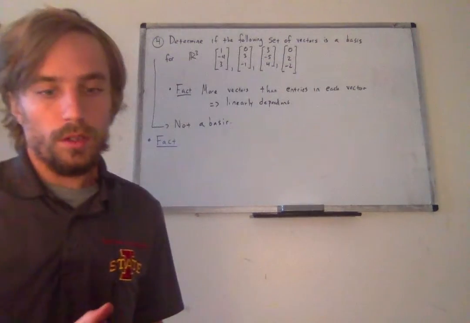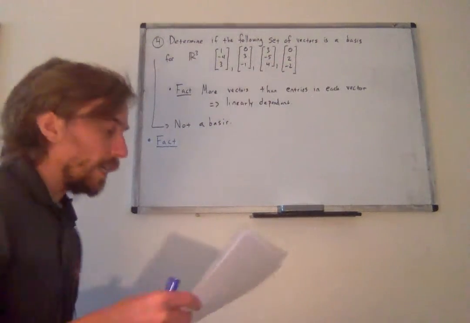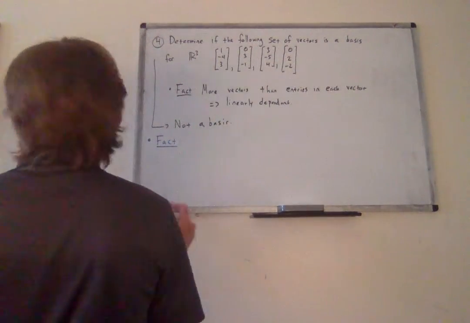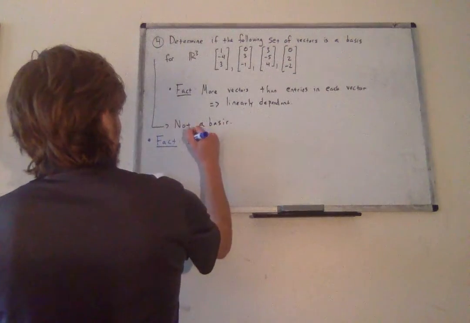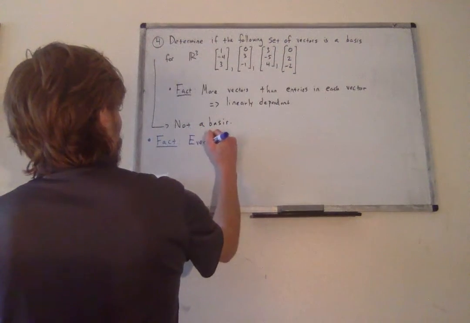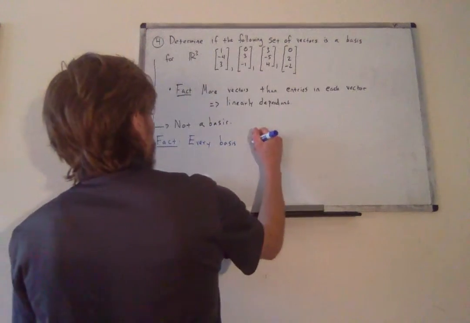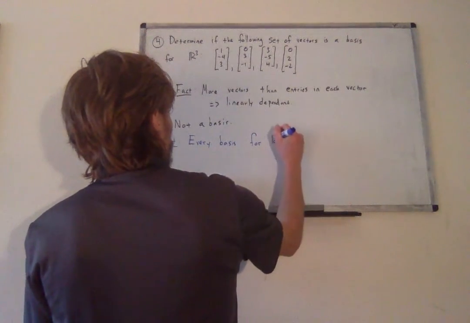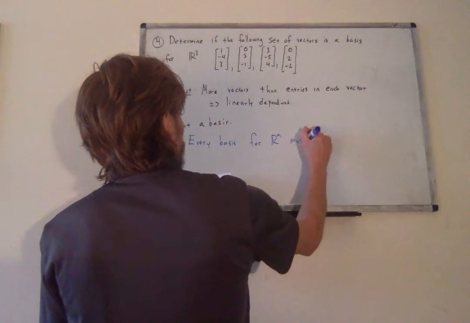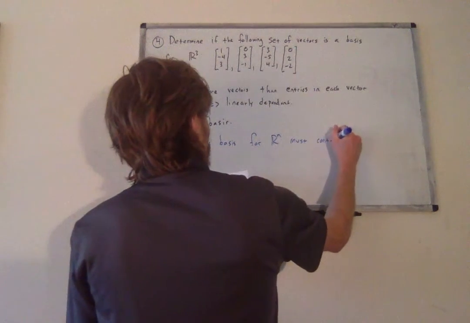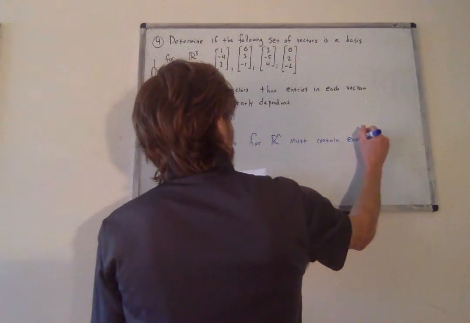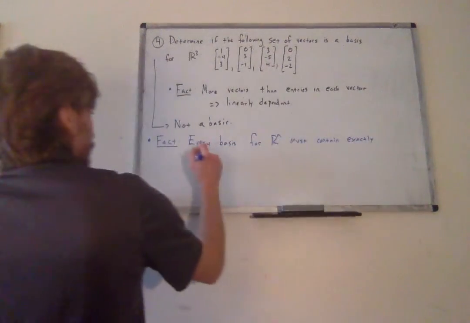And so, looking at these examples, we can already see an interesting fact: every basis for Rn, and there could be a ton of them, there are infinitely many actually, must contain exactly n vectors.